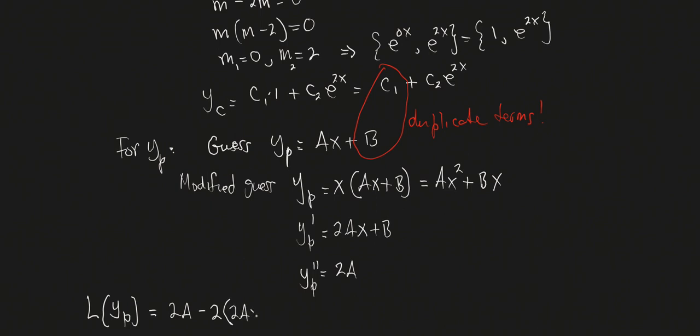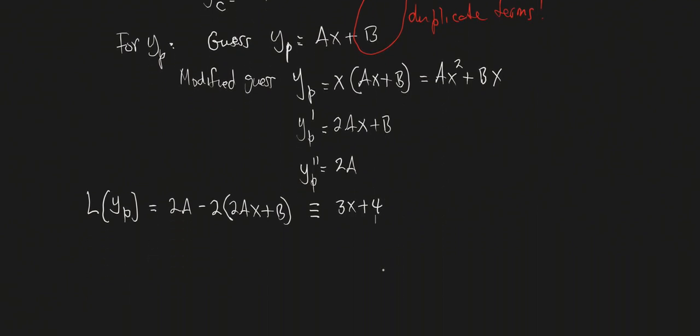So 2a minus 2 times the quantity 2ax plus b, and we want that to be identically our function on the right, which is 3x plus 4. All right. So let's go ahead and simplify the left-hand side, in other words, the general output.